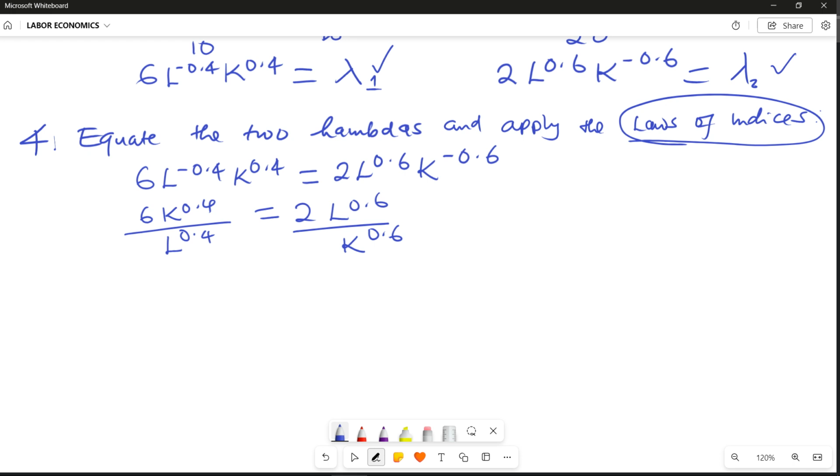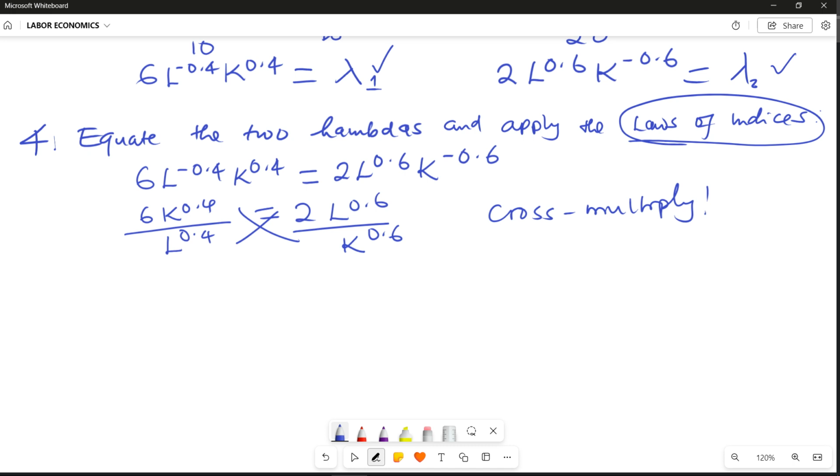We know that from here we cross multiply. So the labor here will multiply by the 2L to the power 0.6, and the capital to the power 0.6 will multiply by 6 capital to the power 0.4.